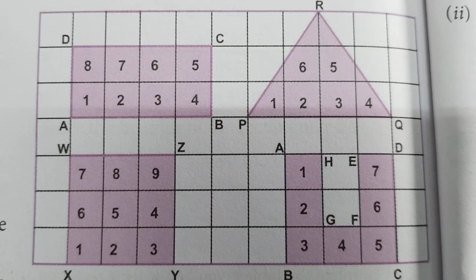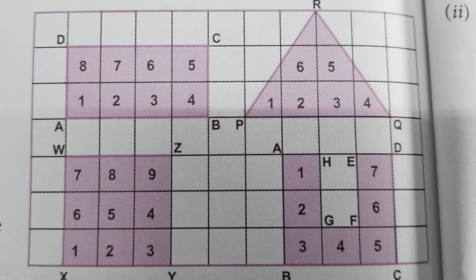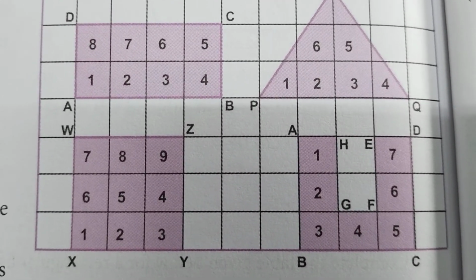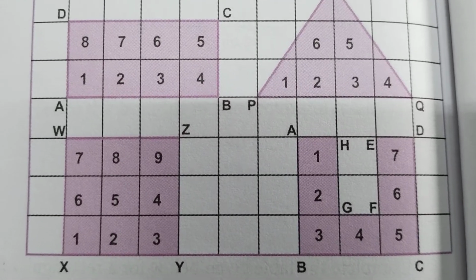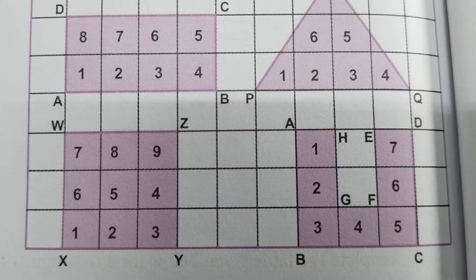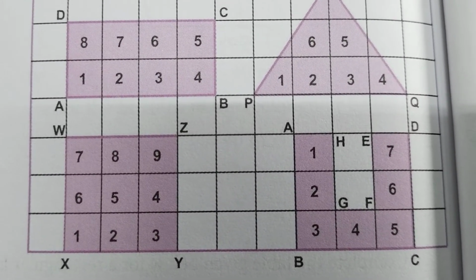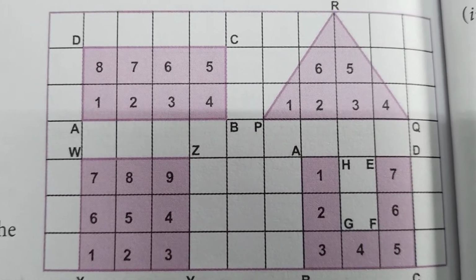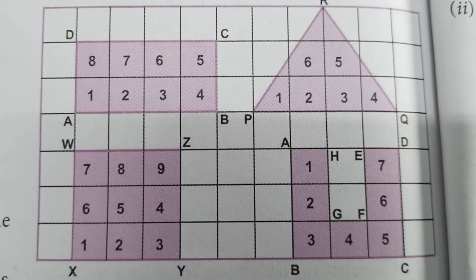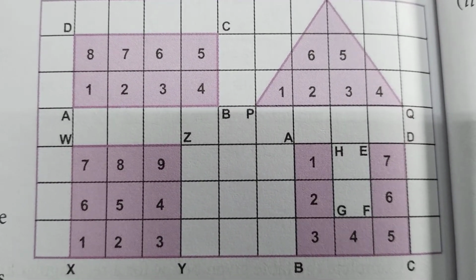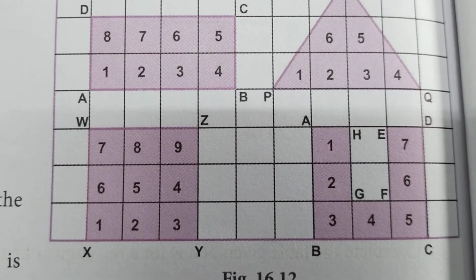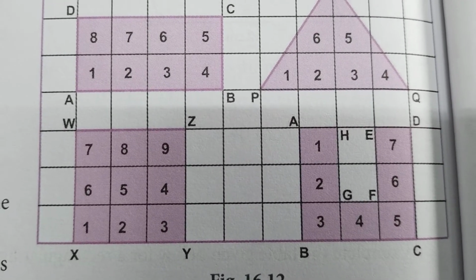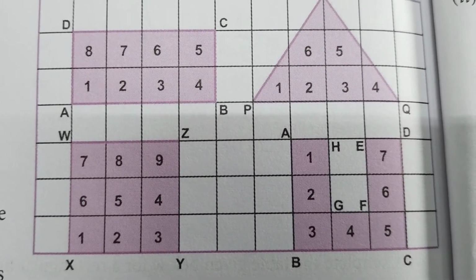In the first one, ABCD, there are 8 square units. In the triangle we can see full squares, 1 2 3 4 5 6, whereas squares 1 and 4 cover only half, and the top halves you can count. In WXYZ, 9 square units are covered, and one more irregular shape, ABCD, covers 7 square units.